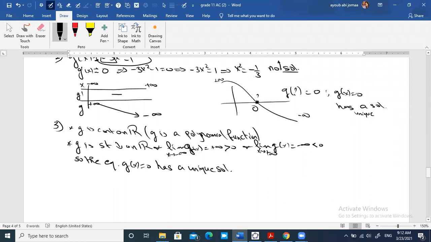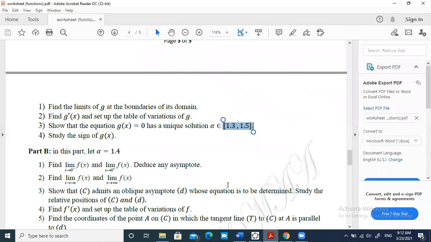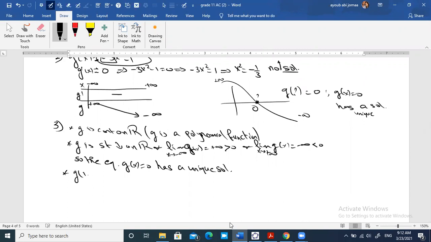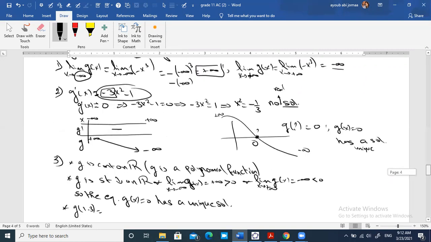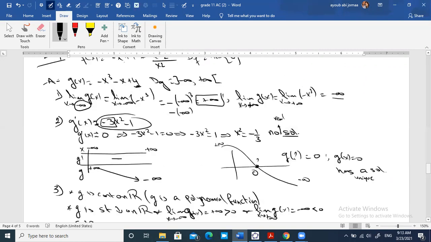Right. Now to prove that this solution is in the interval 1.3, 1.5, you have to find g of 1.3 and g of 1.5. The product should be negative. G of 1.3 is equal to, replacing x by 1.3 in the function, negative x cubed minus x plus 4.